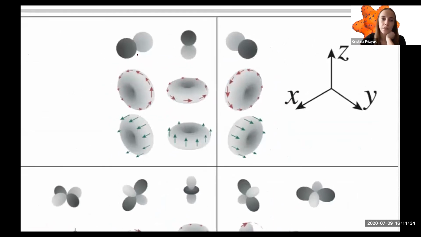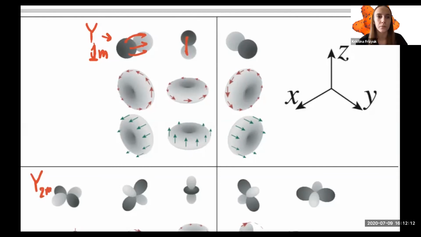If you take the scalar spherical functions, these are scalar spherical functions, and these are also scalar spherical functions, and just draw arrows from white to black parts everywhere.